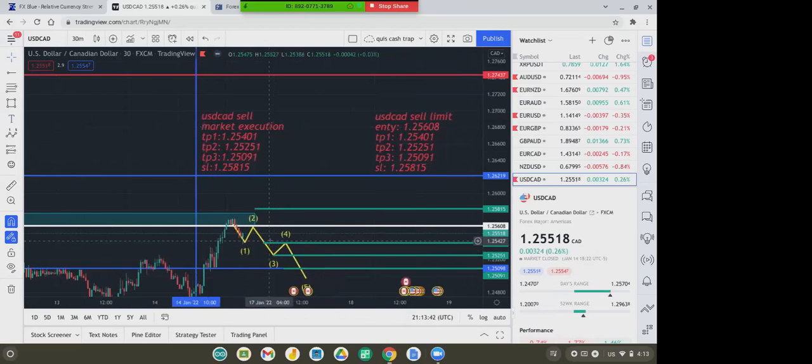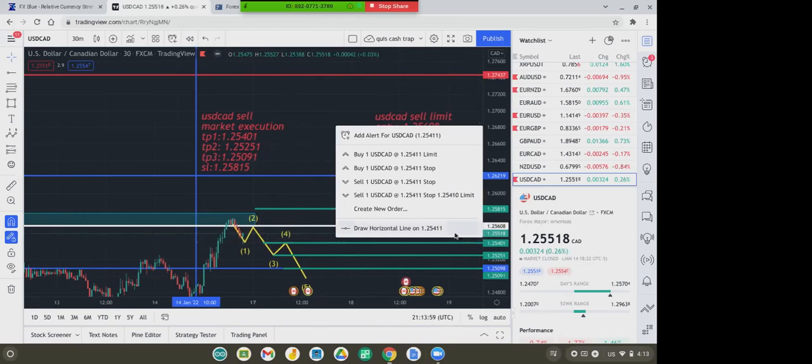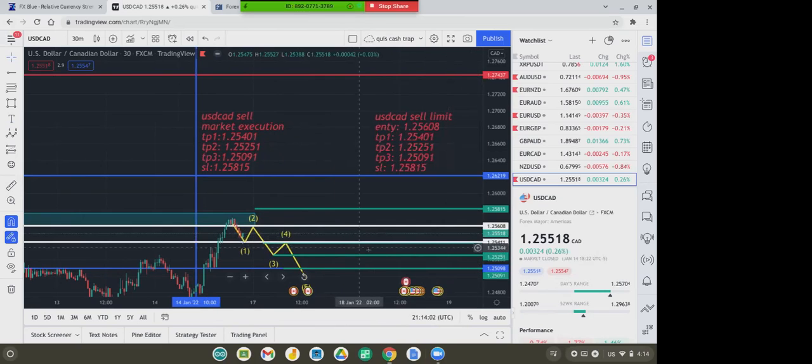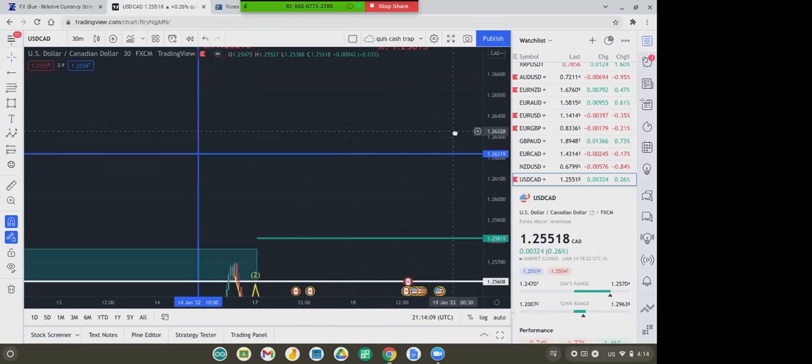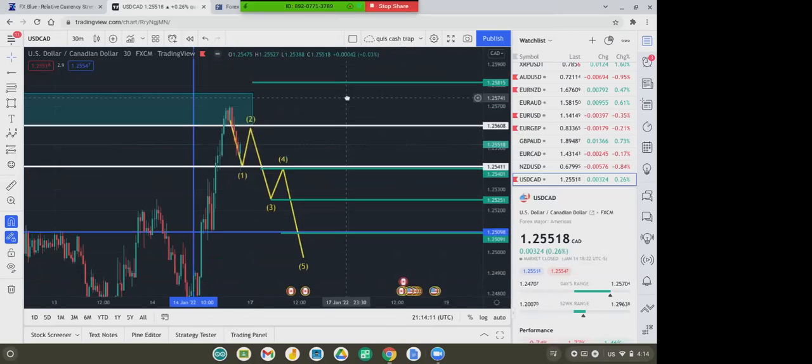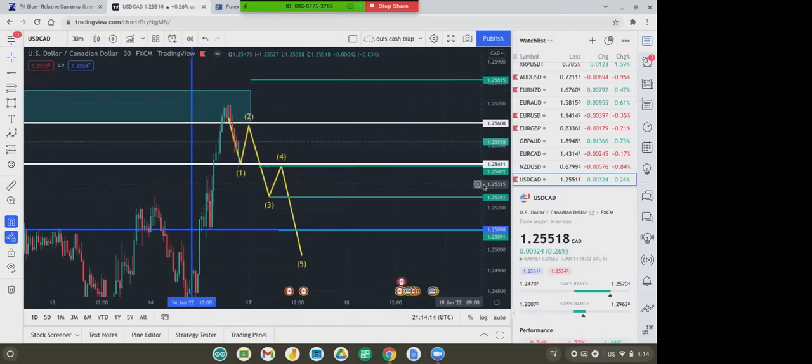And the limit, the sell limit, right? The sell limit, the sell stop would have been right here. Right here, right? Right there. Boom. And TP.